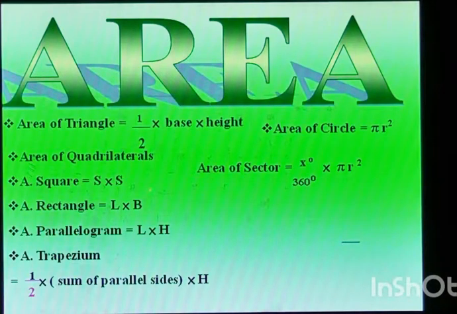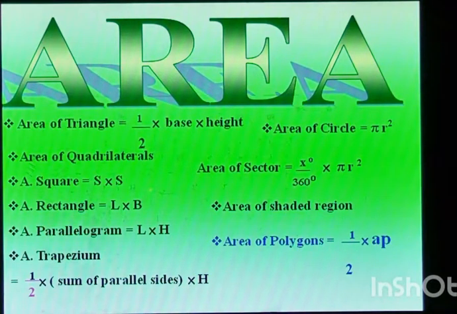This is a part of a circle that is not defined like quarter circle or semicircle, but this is any portion of the circle that has connection with the center of the circle. So its formula is x over 360 into pi r square, and the application is the area of shaded region, my dear students.